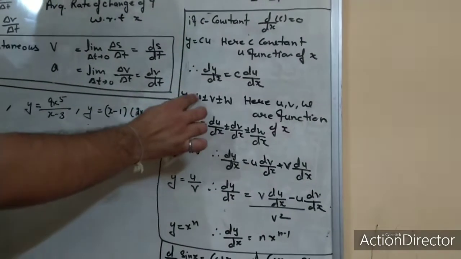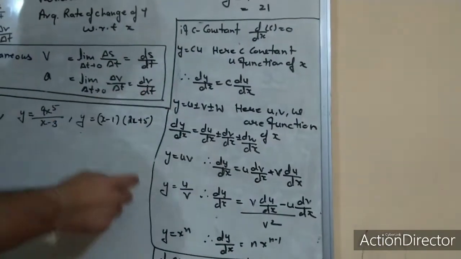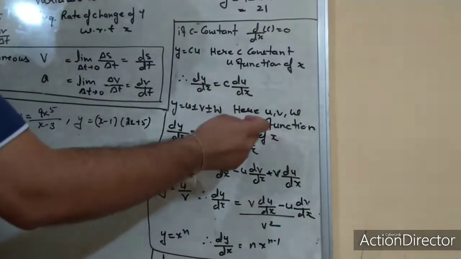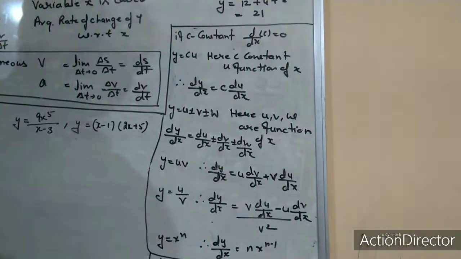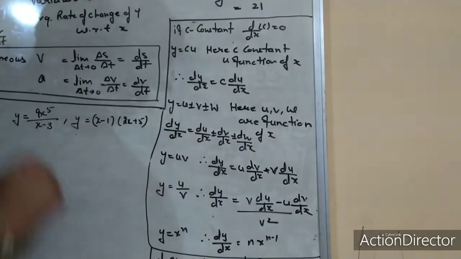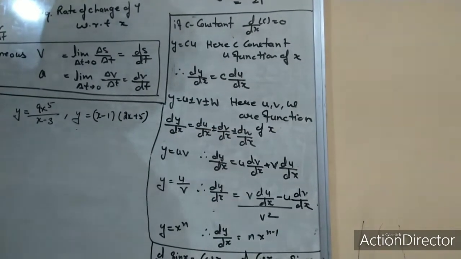If y is equal to u plus or minus v plus or minus w, meaning y is a function of three different terms where u, v and w are functions of x, then the differentiation of y with respect to x will be du by dx plus or minus dv by dx plus or minus dw by dx.